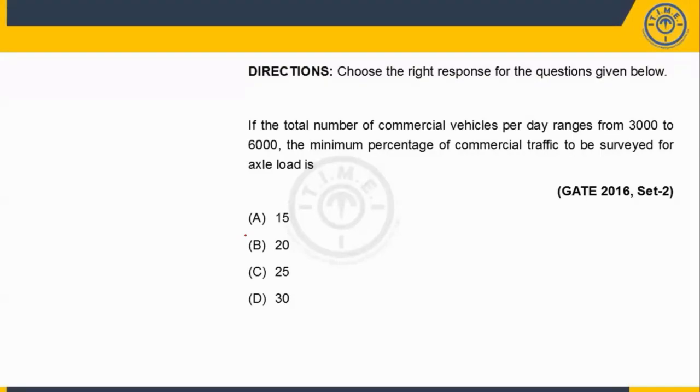The total number of commercial vehicles per day ranges from 3,000 to 6,000. The minimum percentage of commercial traffic to be surveyed for axle load depends on a few parameters.